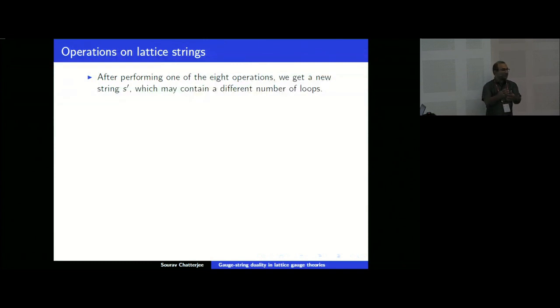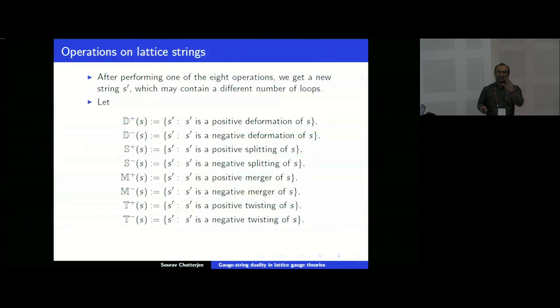So if there's a negative effect, there may be nothing, so it may reduce by 2 also. And then you just define these children that you can get starting from a single string S. Starting from S, you can get a new string S prime, and there are these 8 different kinds of strings that you can get out of these operations.